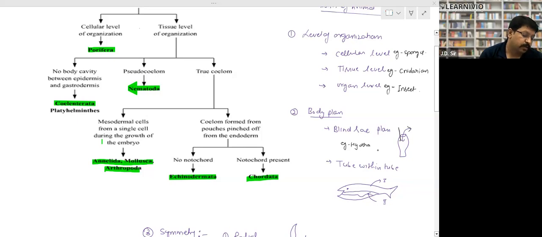Next, tube within tube plan. Note it down. The body has two tubes. Full stop.